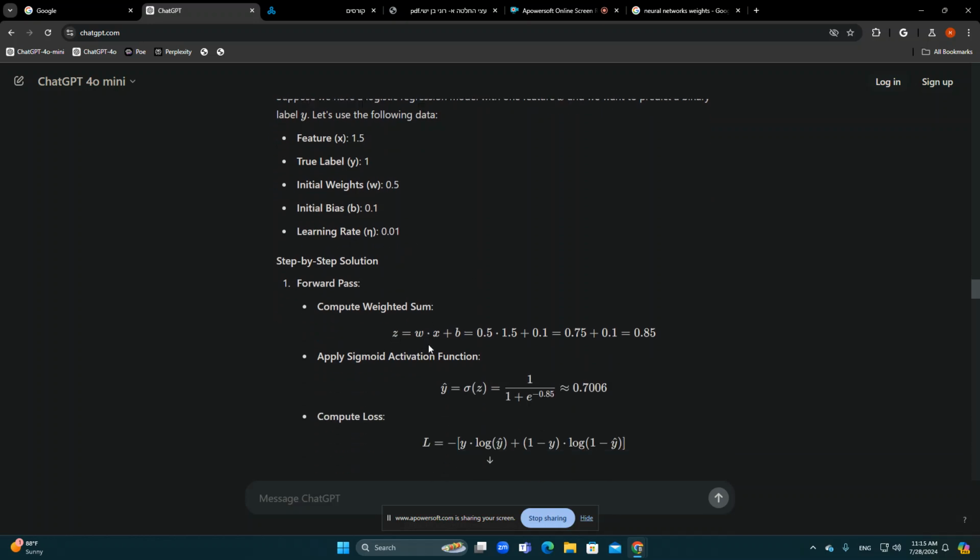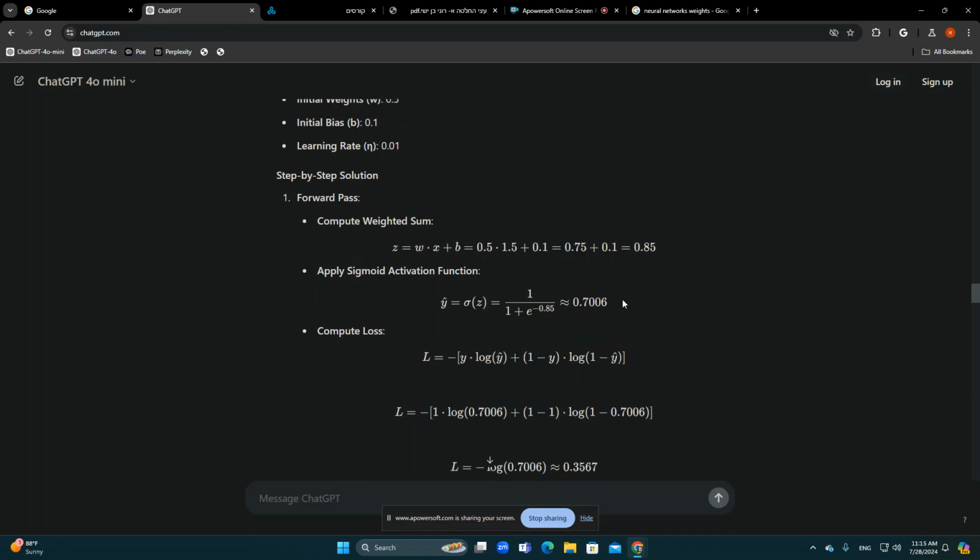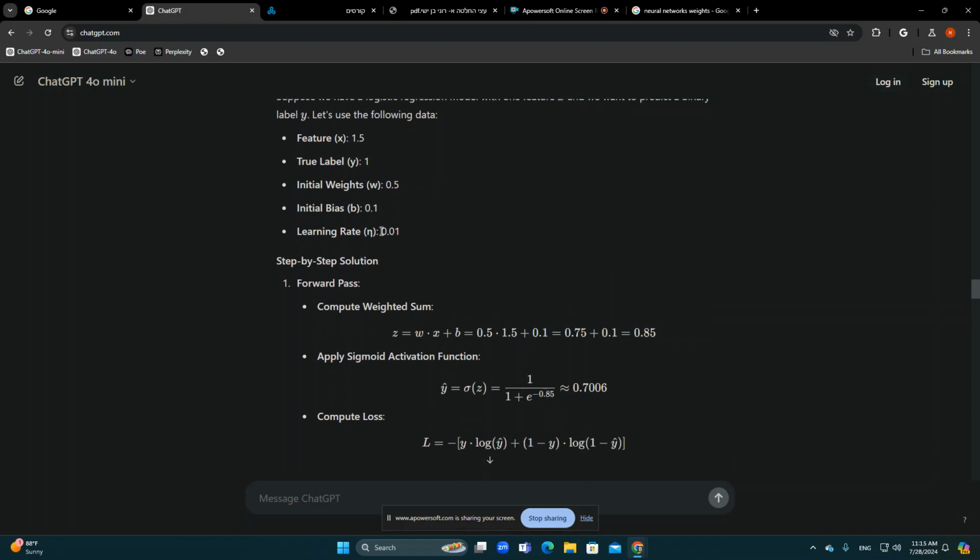Now the z is this one, and we apply the numbers, we get this. What the model says: we apply the sigmoid function on the summation and get this value, which represents a probability, which says that the probability, as the model is now, of x to be 1, which is the true label in that case, is 0.7, namely 70%.